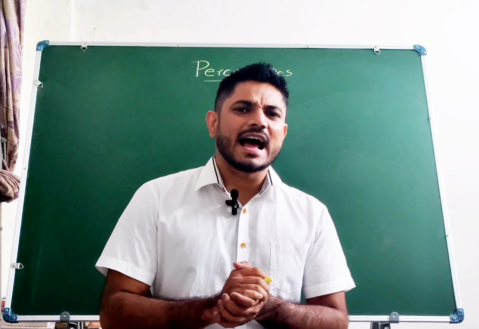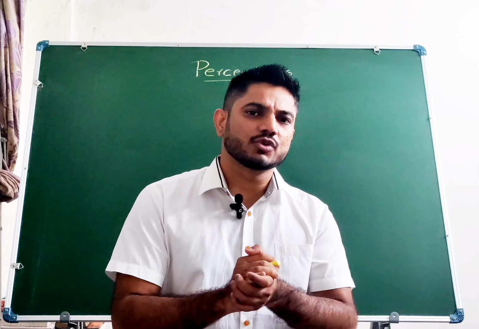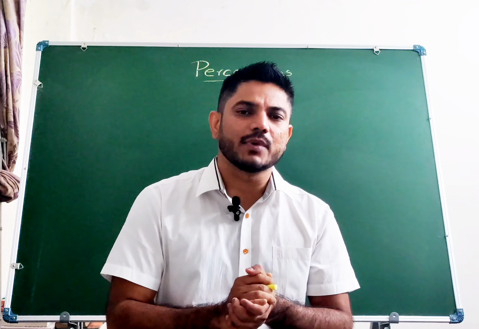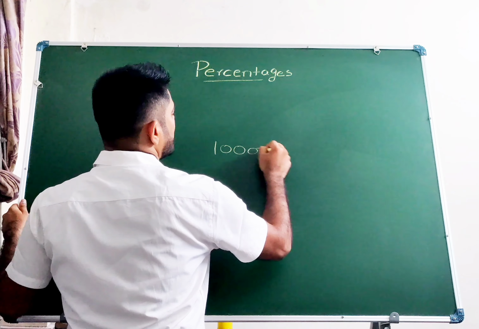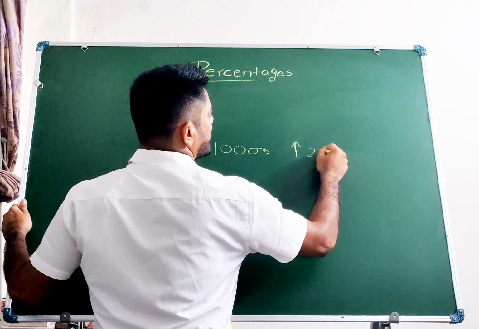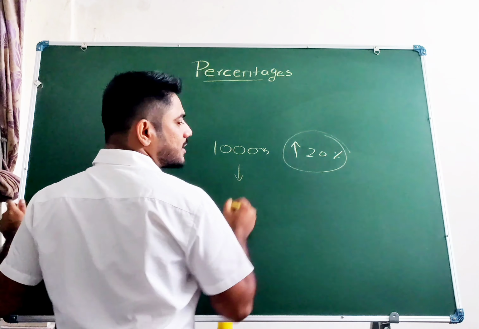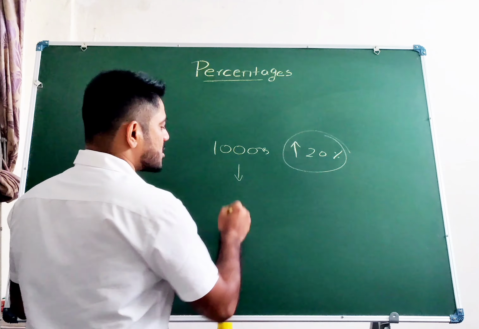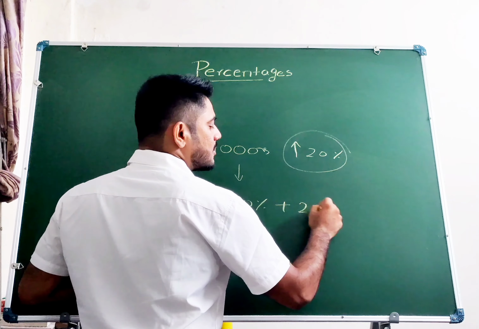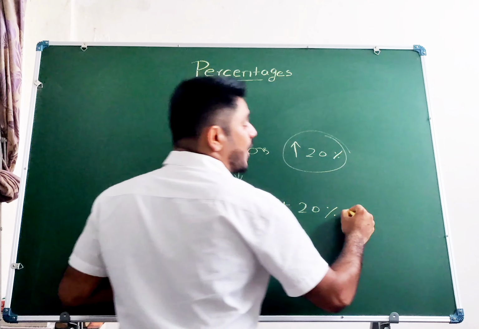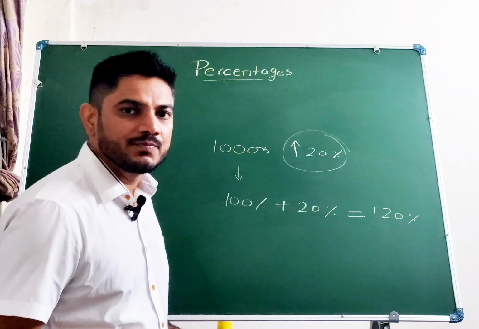When I say that I have to change an amount by some percentage, let's say I have 1000 rupees and I have to increase it by 20%. What I mean is, if I have 1000 rupees with me, I have to increase it by 20%. Now this increment, can I say this 1000 rupees is my 100% of my value, and I have to increase it by 20%. So my final value should be 120% of my initial value.